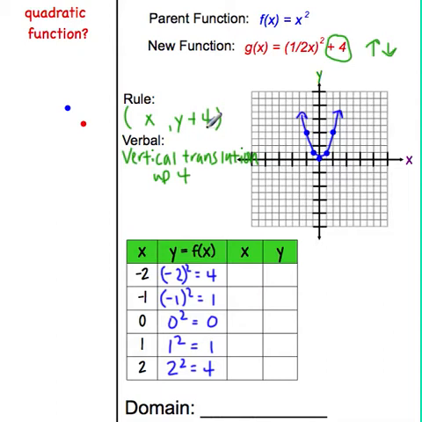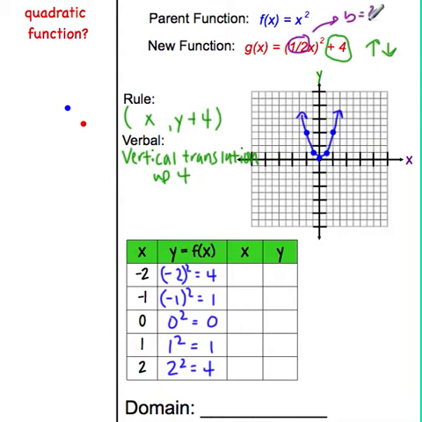So then we take a look at our second part, and we have this 1/2 in front of the x. And it's inside the parentheses, and with inside I always like to think opposite. And if you recall, this implies that we're either going to have a vertical or horizontal stretch or compression, which means because it's inside, it's going to be horizontal, so we need to figure out what our b is.